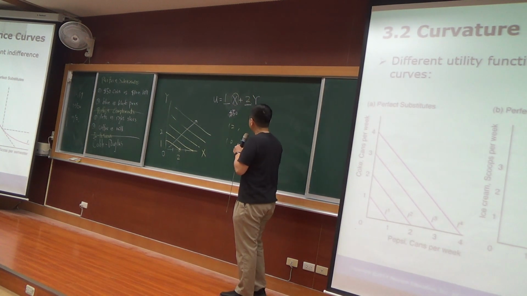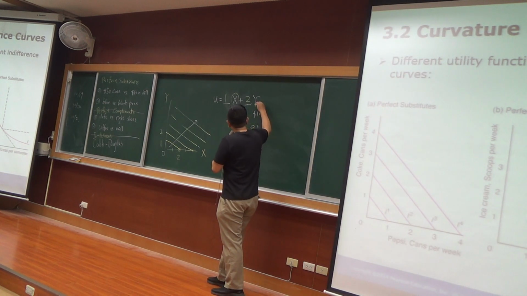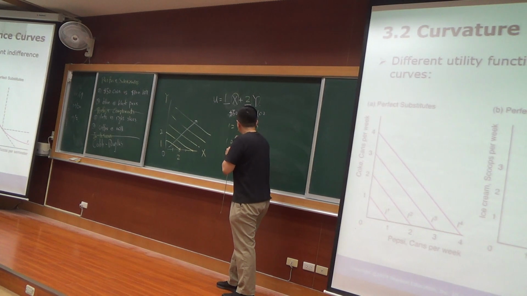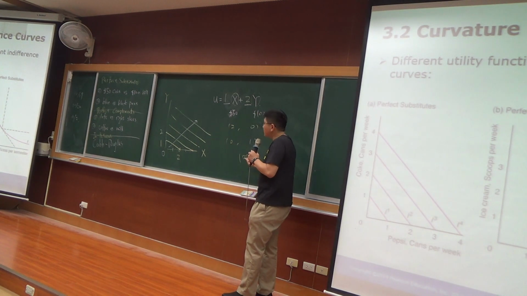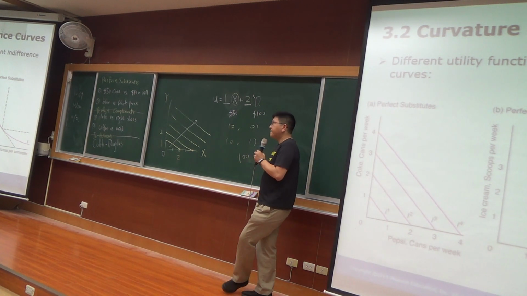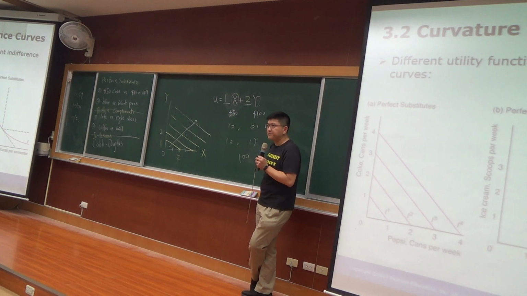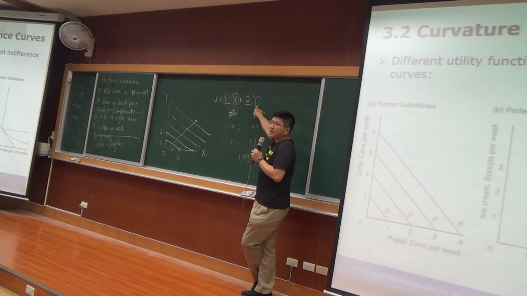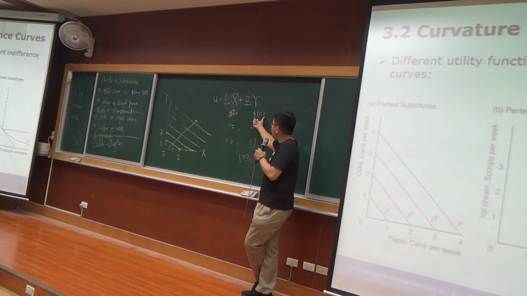The reason is that each unit of Y gives us $100 of monetary value, right?